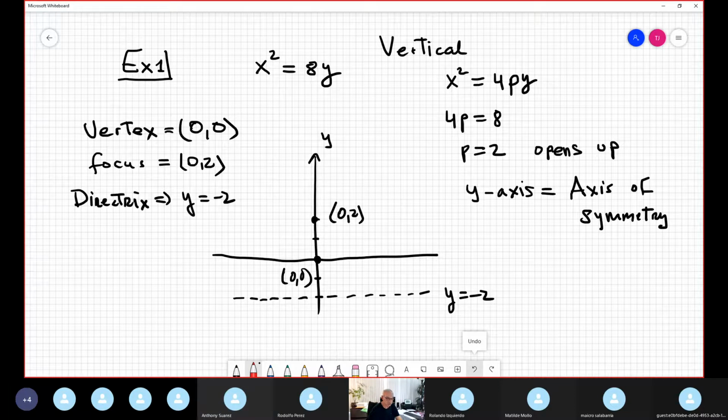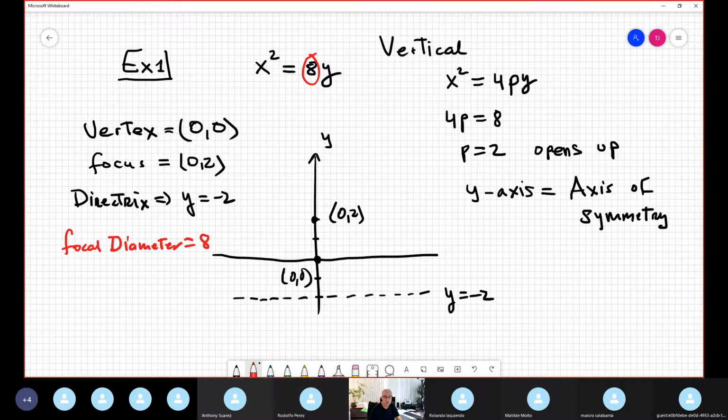Now, focal diameter. Focal diameter is 8. It always gets that number. But the half of the focal diameter is 4. So from the focus, 4 in both directions, to the right and to the left.